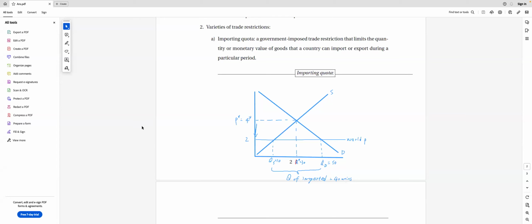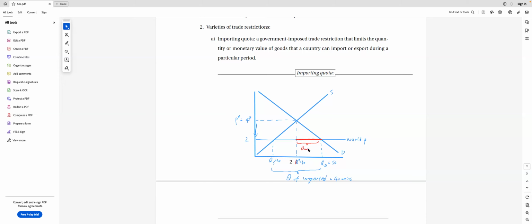For example, if you want to reduce 40 units to 20 units, lowering the value of importing by 50%, so you reduce by 20 units. So the quota is 20 units. At most, we could import this much from China. So this part is called the quota.